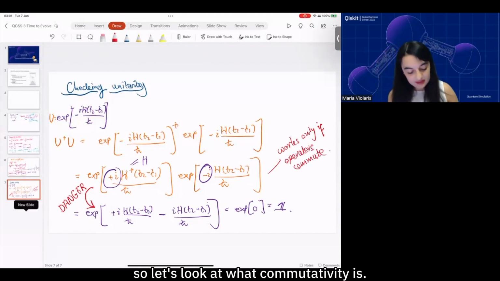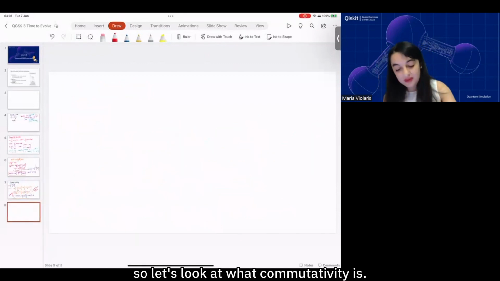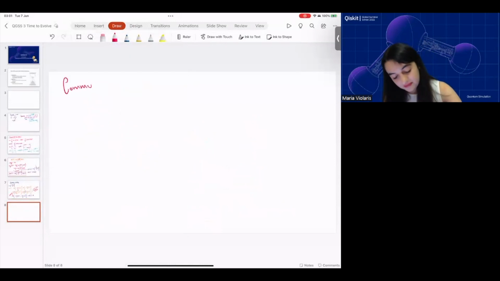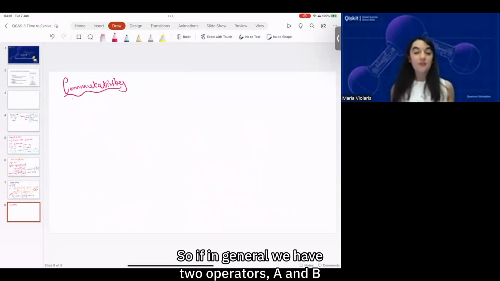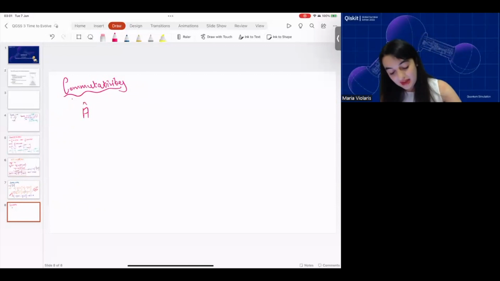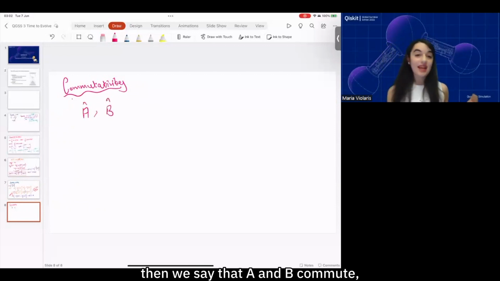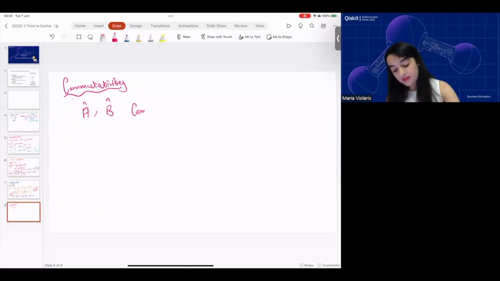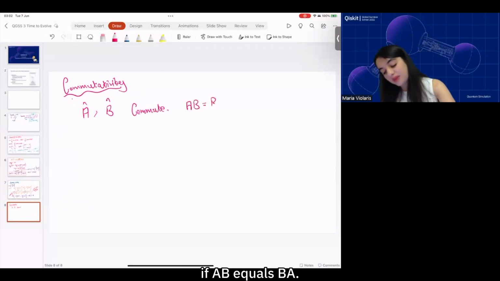So let's look at what commutativity is. If in general we have two operators A and B, then we say that A and B commute if AB equals BA.